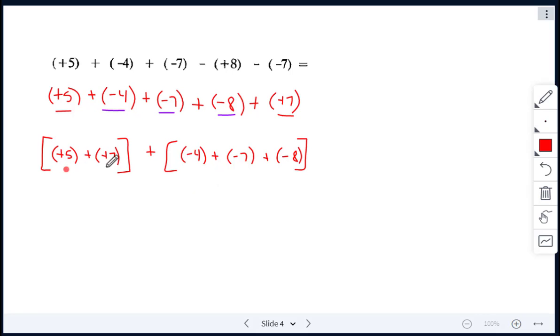So here, 5 plus 7 gives me positive 12. And then negative 4 plus negative 7 plus negative 8 gives me negative 19. And then lastly, 12 plus negative 19 gives me negative 7.